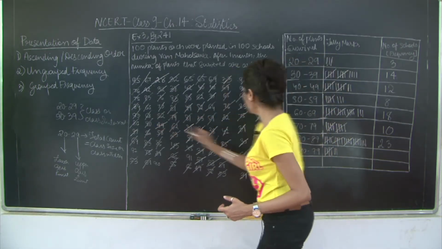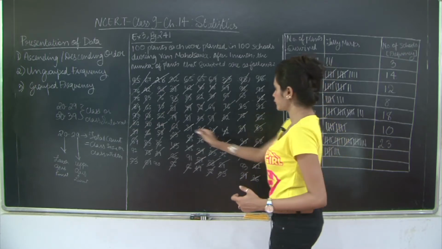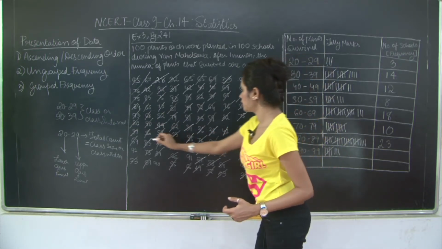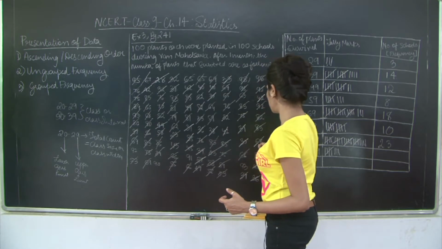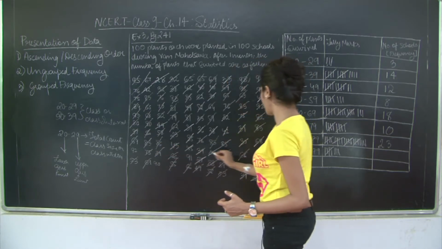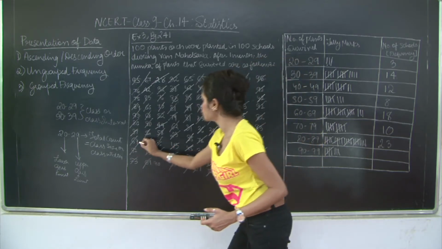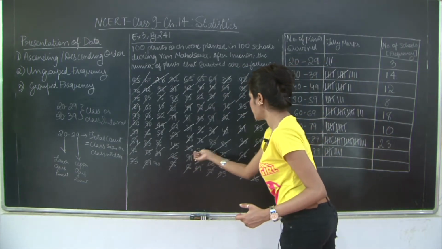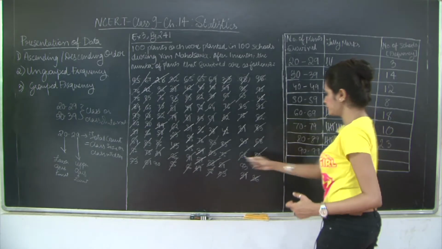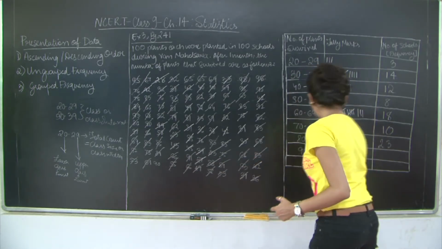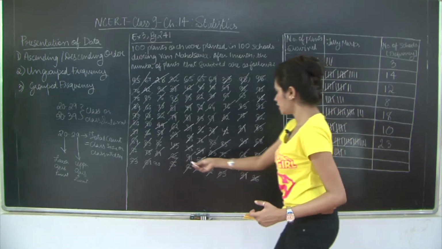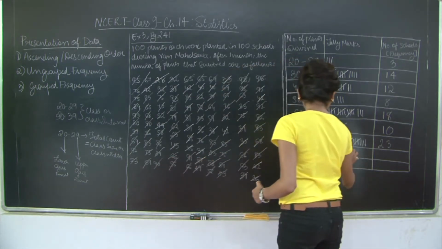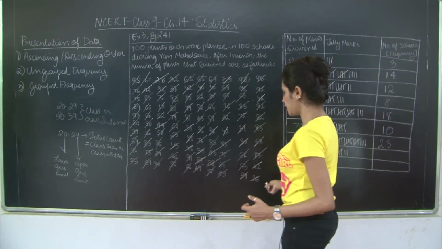Then you have 3. None. Then none. None. You have 92. Then you have 91. 5. Then 93, another one, then 90, 2, and I guess that's about it.